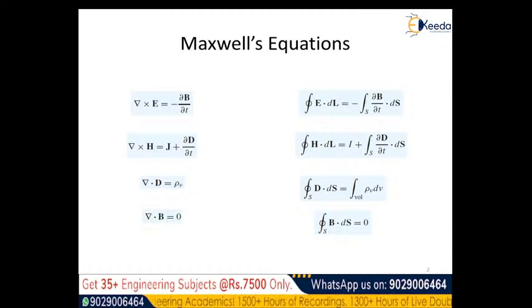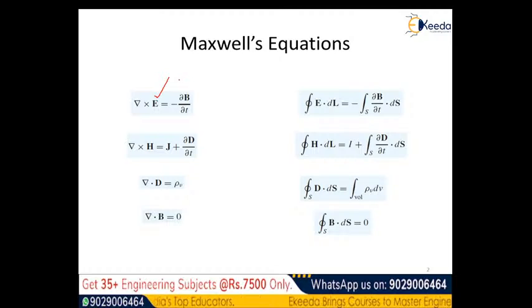Now I will explain the behavior of electric and magnetic fields described by these equations. First of all, capital E represents the electric field intensity. It conveys how strong the given electric field is.